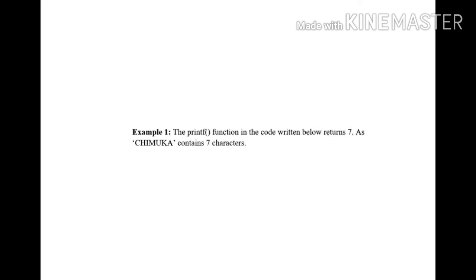The printf function returns the total number of characters printed, or a negative value if an output error or an encoding error happens. Here we've been given an example. The example says the printf function in the code written below returns, in the example I've used my name to write a code, and we see how the output will be.